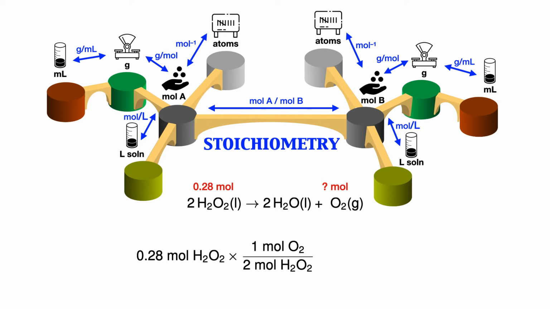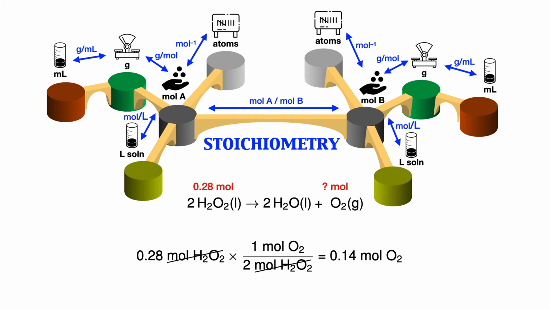We can turn that into a conversion factor, 1 mole of O2 per 2 moles of H2O2. And then if we multiply these, the moles of H2O2 cancel out. Putting the numbers into the calculator tells us that the number of moles that we get is 0.14. This is a typical example of using reaction stoichiometry to do a calculation for a chemical reaction.